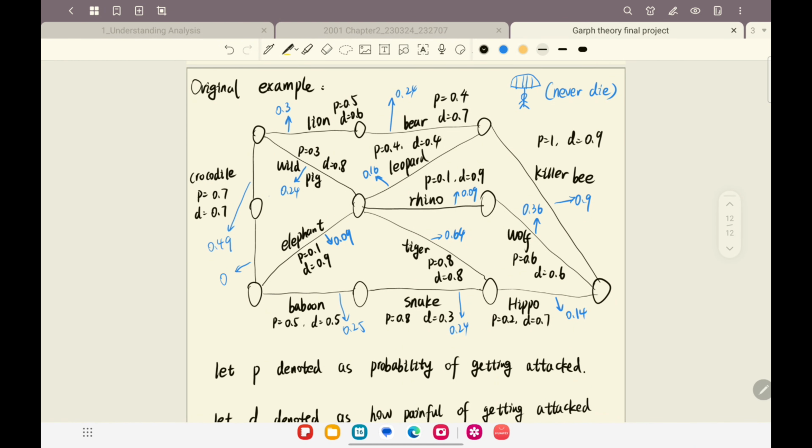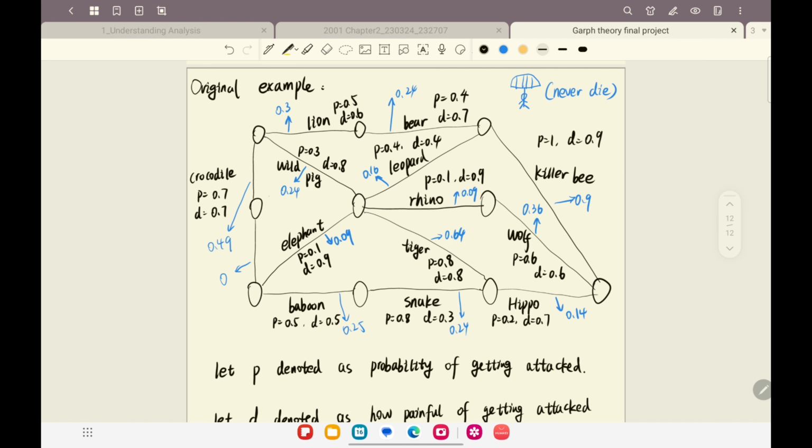In this part, I created an original example to apply the ideas we just talked about to real life, but I don't think this example will happen in real life. It's kind of exaggerating.